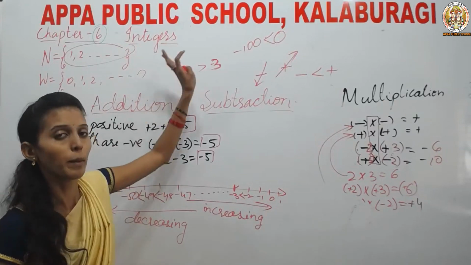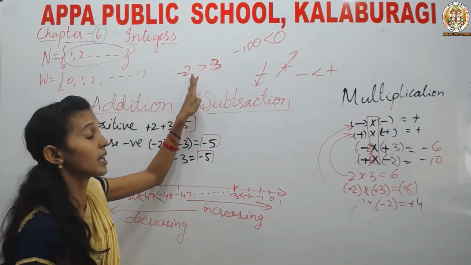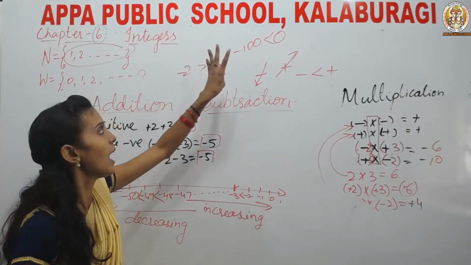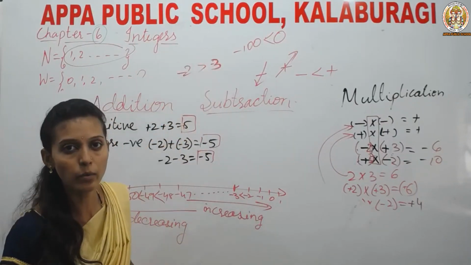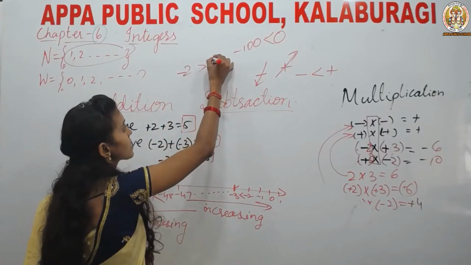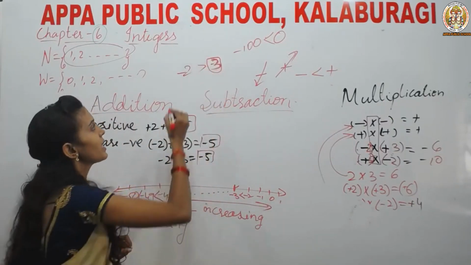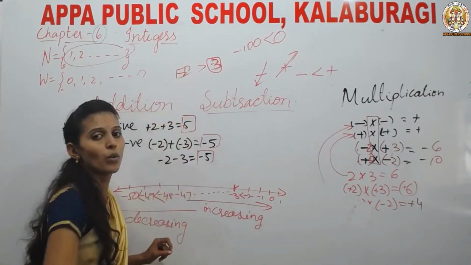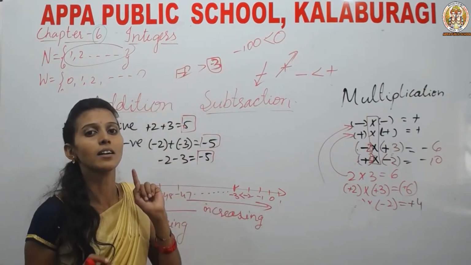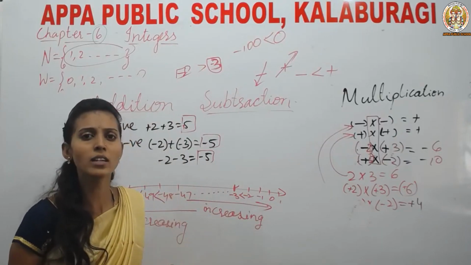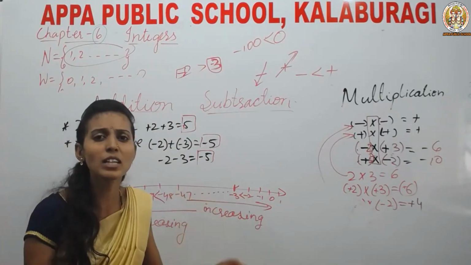So therefore, when both are negatives, the smaller number will take the higher value. The higher number will take the smaller value. So don't concentrate only on the number here. You have to concentrate on the sign also. This is the twist we have here. Okay. So when both are positive, all these years we did not have any confusion.